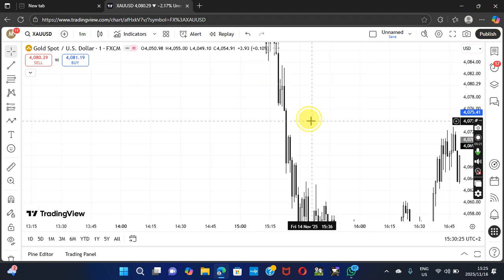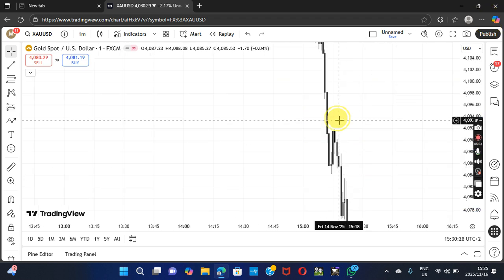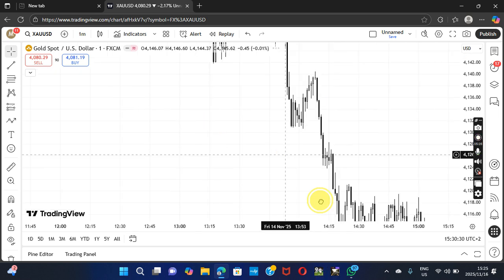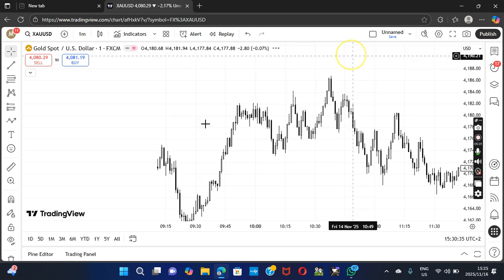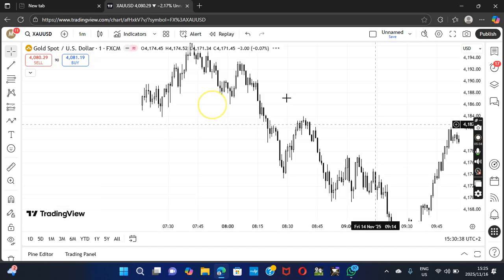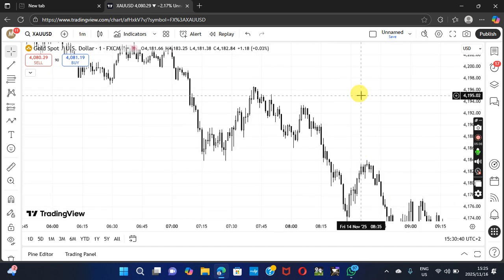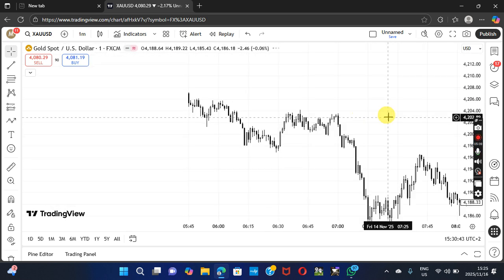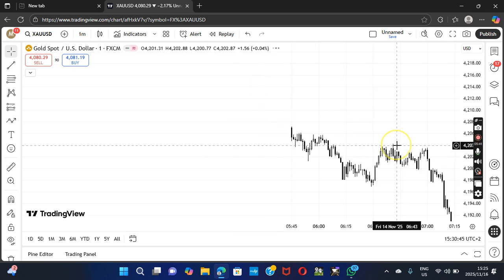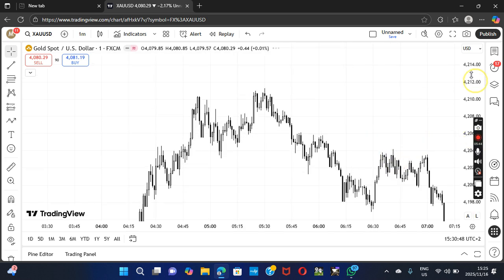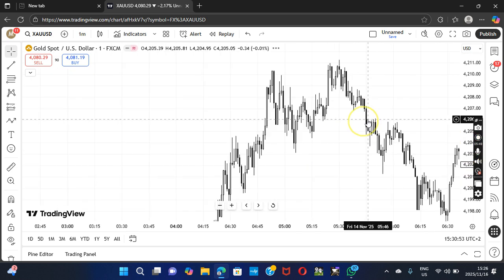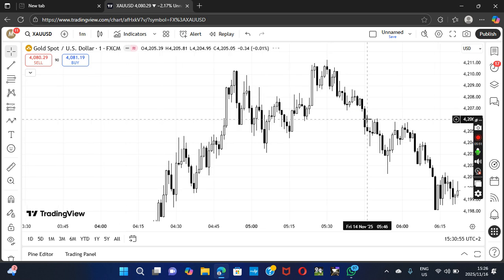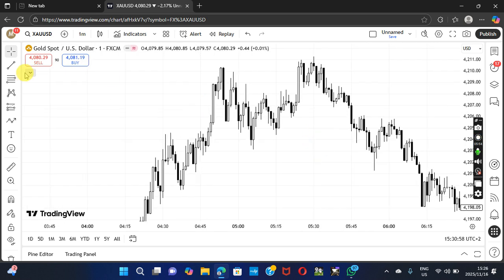How can I start? 1 minute and five. Okay, let's go. Okay, we have a downtrend right here. Let's start at the top. Let's first understand why the market changed direction, and then we can continue from there.